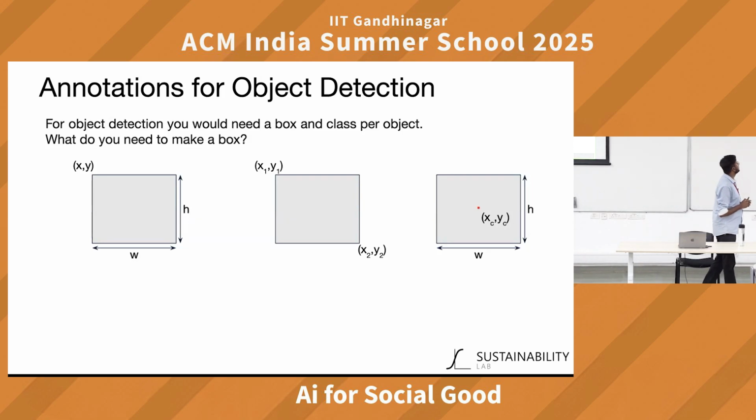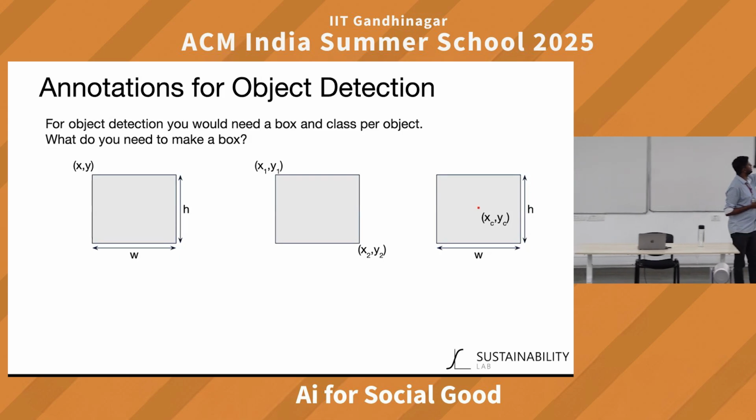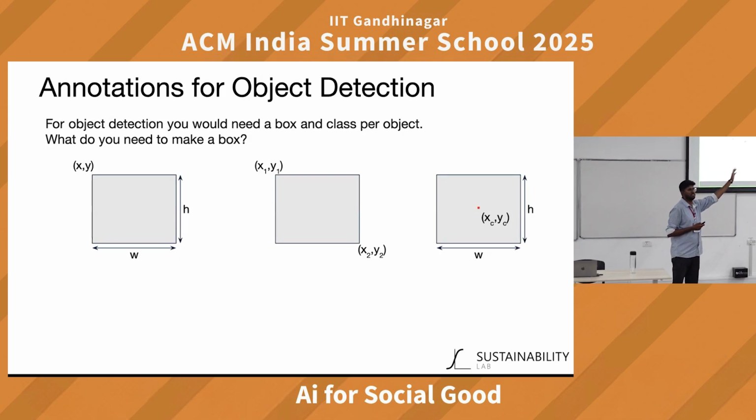To make a box, you can have the top left corner X, Y. And if you're given the width and height of that box, you can draw out the entire box. Similarly, if you're given the top left and the bottom right corner, you can again make the box. If you're given the center and you have the width and height of it, you can again make a box. For the center one, you take the center minus W by 2 and plus W by 2.